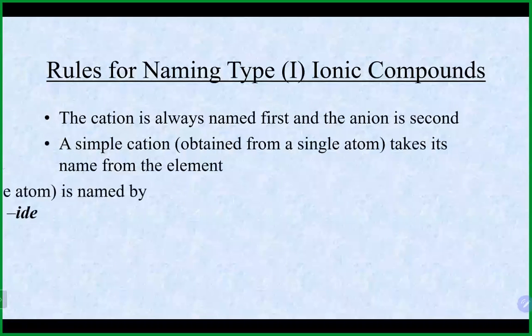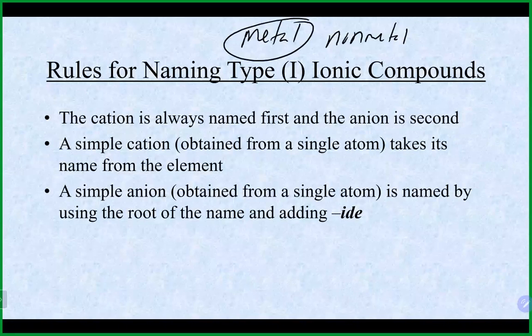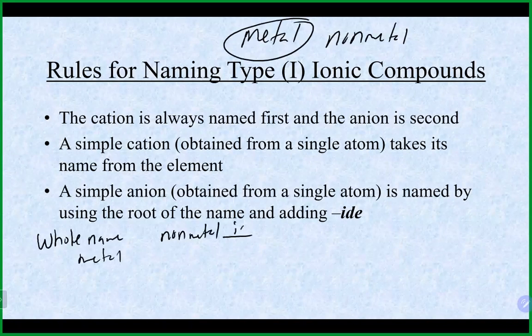All right, so let's talk about the rules for naming type 1. Type 1 is our metal and non-metal ionic compound. Once again, it is the metal here that has a fixed positive charge. As soon as you see that, you could roll right into the name. You take the whole name of the metal, and the non-metal gets the IDE after it.